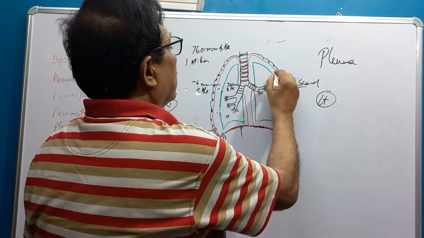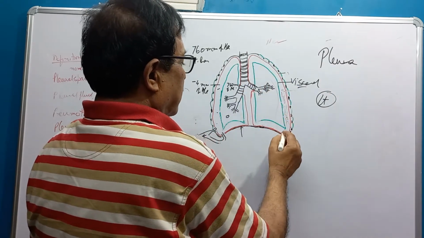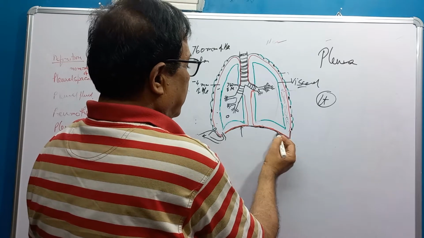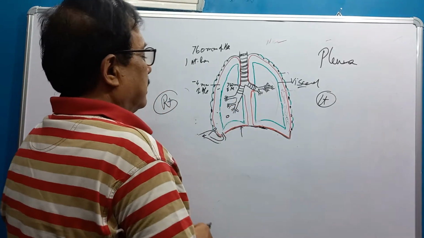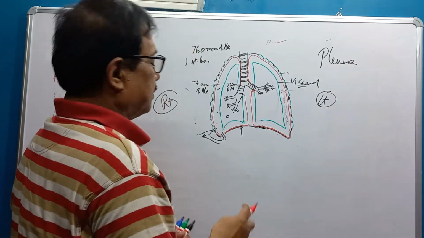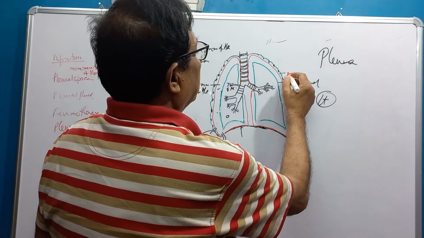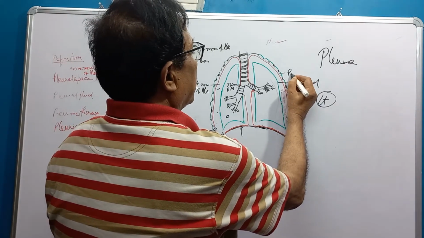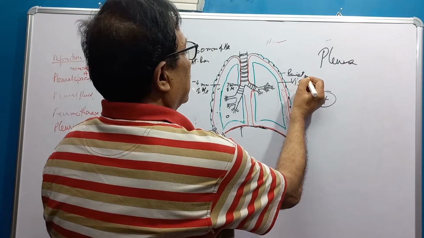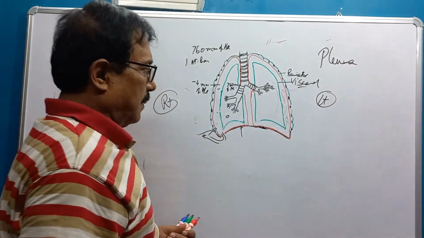It goes to the inner side of the chest wall, and the thoracic side of the diaphragm. This is the parietal pleura, and this is the visceral pleura.